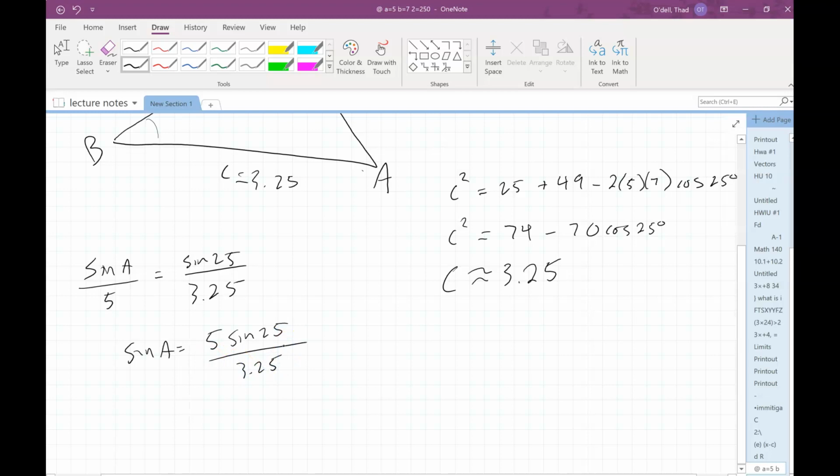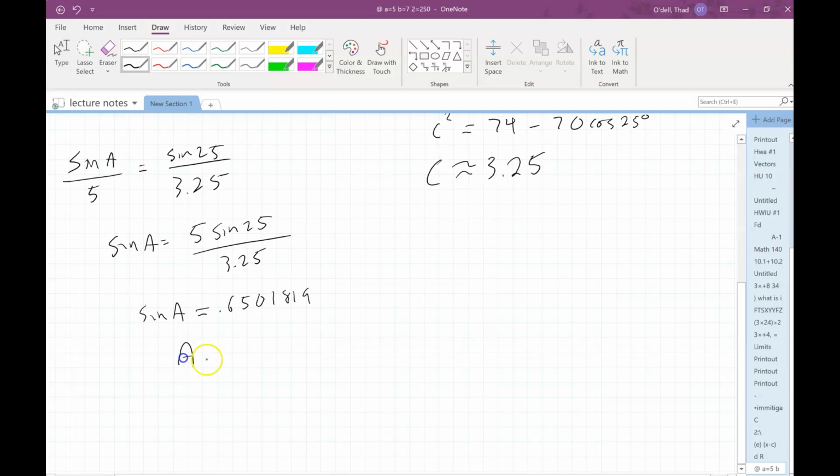Throw all that into my calculator: 5 sine 25 divided by 3.25, and I get sine of A is equal to 0.6501819, etc. Then I'm going to take the arc sine of that, second answer, and I get A is approximately equal to 40.6 degrees.